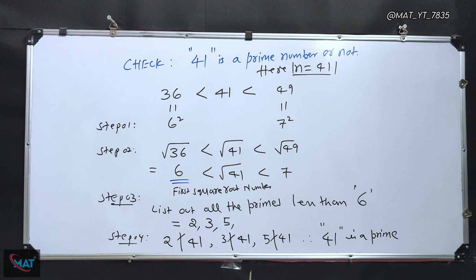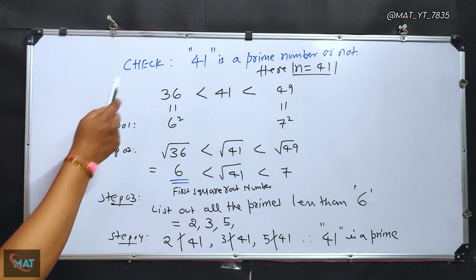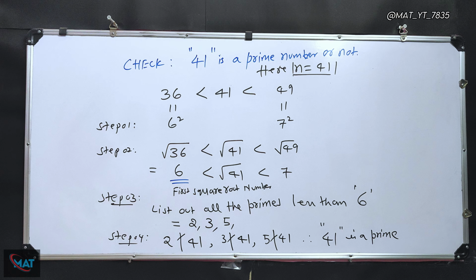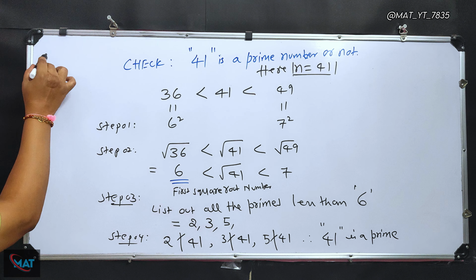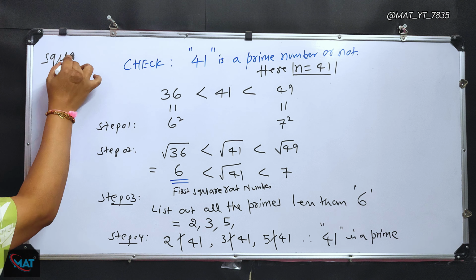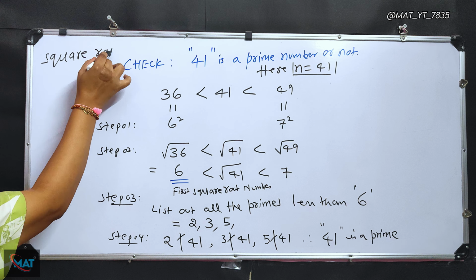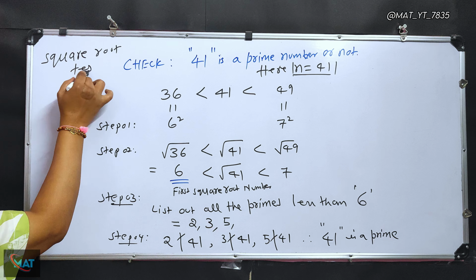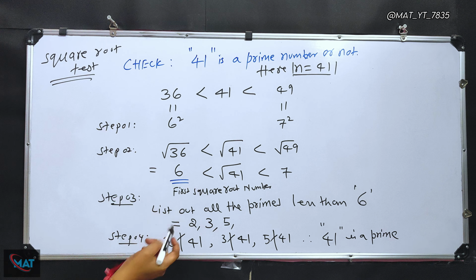So this is a simple test to decide whether the given number is a prime number or not. We can remember the test name as the square root test, for ease of identification. Remember this word to apply the 4-step mechanism.